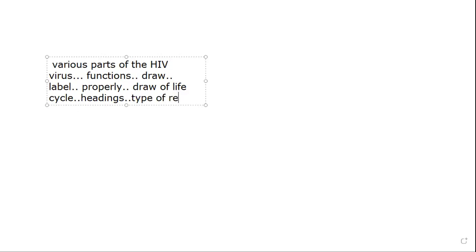When we come to the headings, we see that we have the type of receptor which is going to be compatible. That is the type of cell that the virus is going to attack. I have already told you that the virus, once it is introduced into the human bloodstream, moves through the body, but it does not infect most of the cells that it encounters.